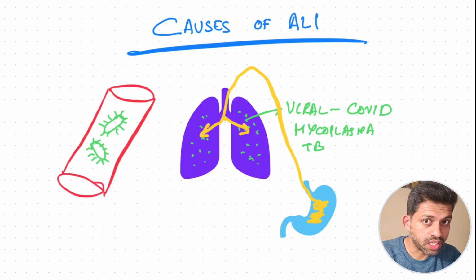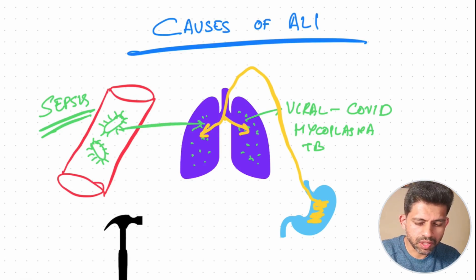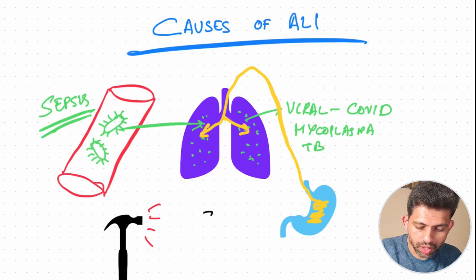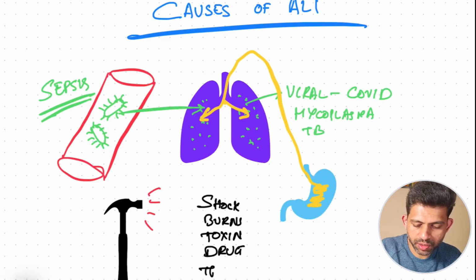The indirect causes include sepsis, the most important cause, like in our case, and any sort of severe trauma causing systemic inflammation. More than 50% of the cases are due to these causes. Other causes include shock, burns, toxins, drug overdose, and even transfusion associated lung injury.